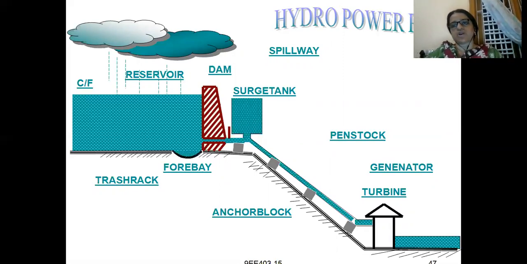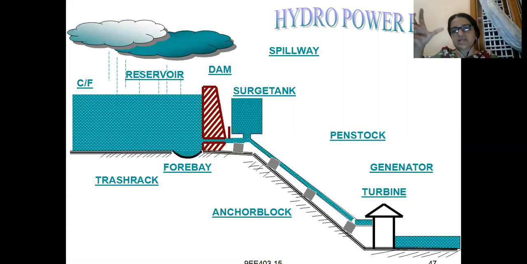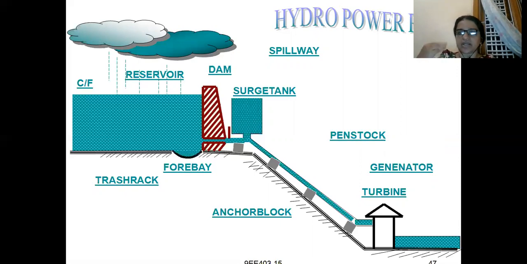So your reservoir is built in such a manner that rainwater which falls on the mountain or on the hill easily accumulates into your reservoir. Why? Because your reservoir needs to have more water, as you are generating electricity based on the water which is getting stored in the reservoir, right?